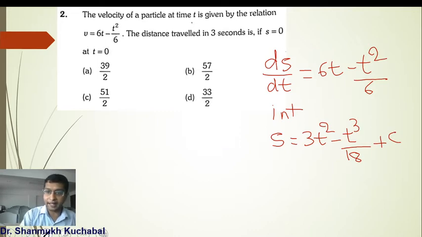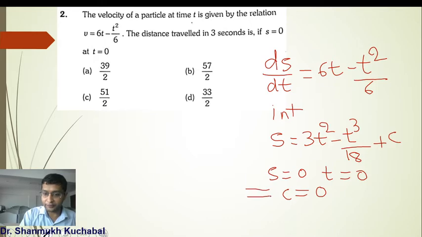Now it is given that s equals 0 and t equals 0. Substituting these two values in the above equation, we get the constant as 0.